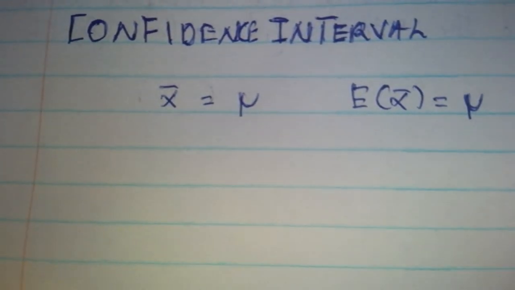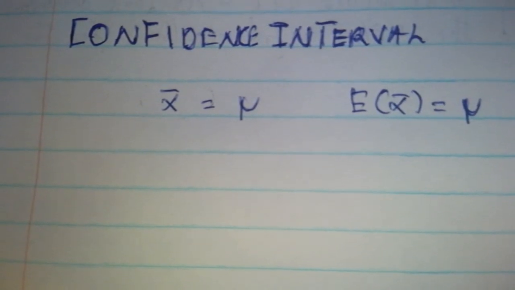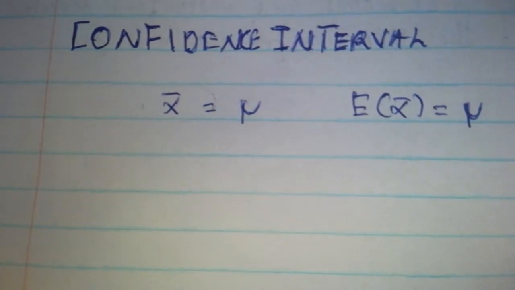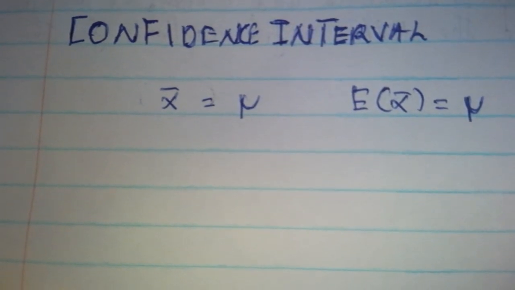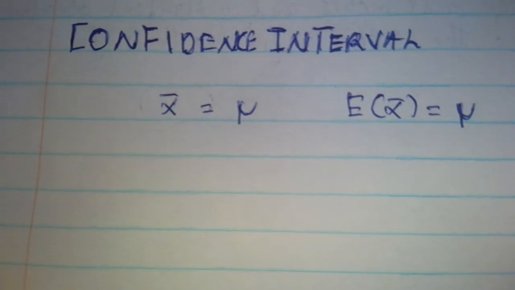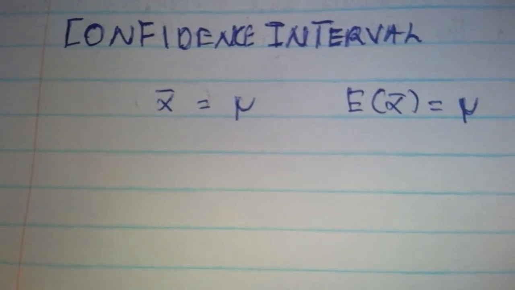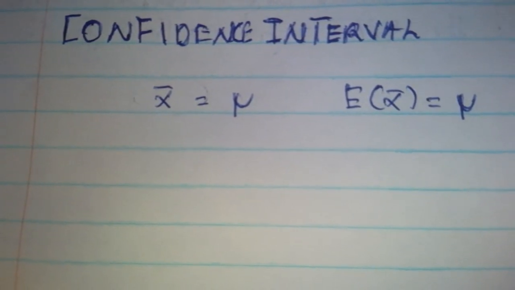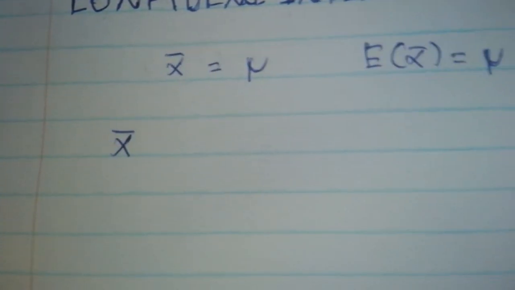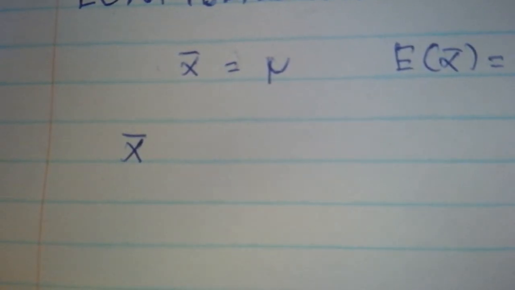So the confidence interval will give you a range of values where the population mean falls. So you look at how the estimator deviates from the true population mean. That range will guide us as we construct our confidence interval. So an overview of how a confidence interval should look: we have our point estimator, which is x bar, the one that we've estimated.